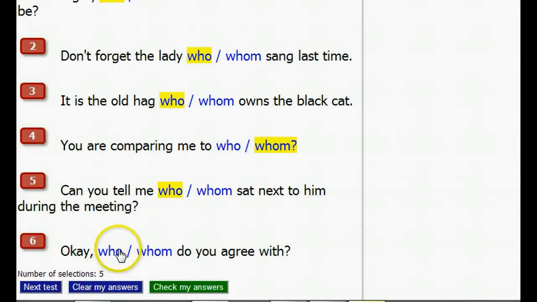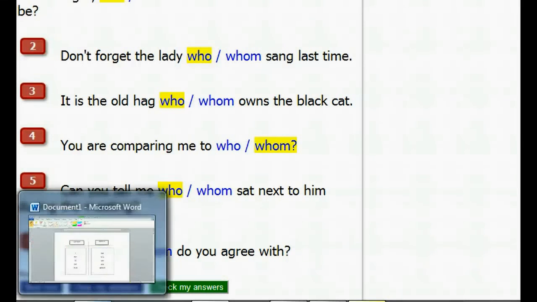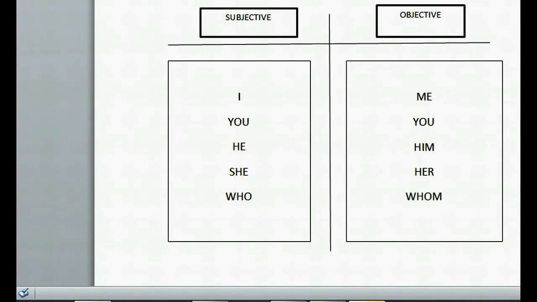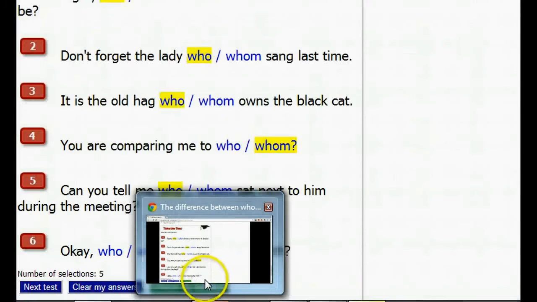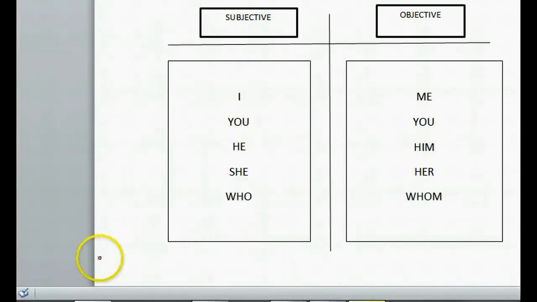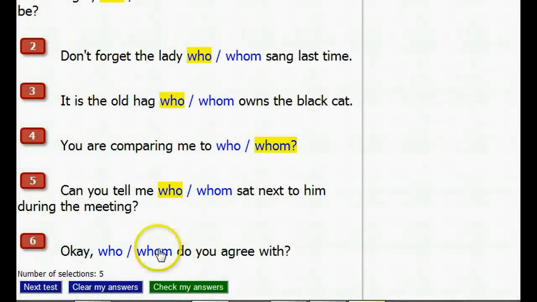With who or with whom? Well, if it's an object, then it's going to be the objective case. It's going to be whom. So let's go ahead and mark that one. So it's okay. Whom do you agree with?